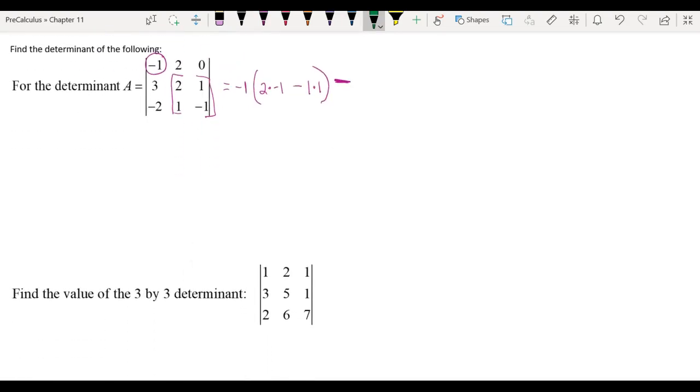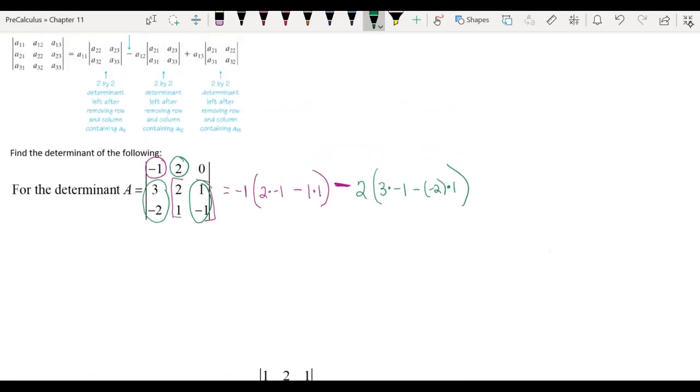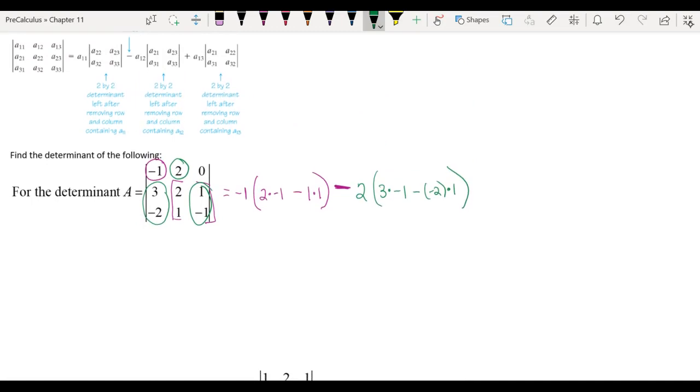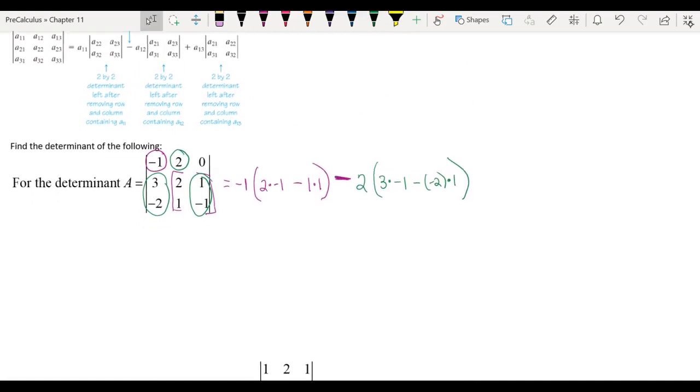And now you take these two sets and find your determinant and multiply it by the number 2. Okay? So this next one would be minus 2, 3 times negative 1 minus negative 2 times 1. Okay?